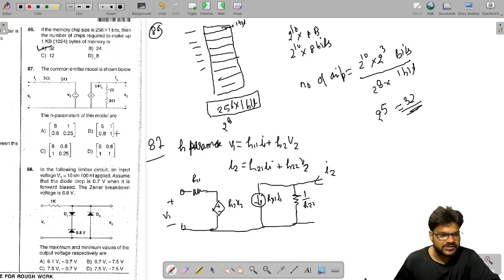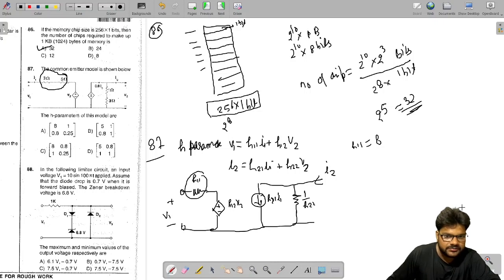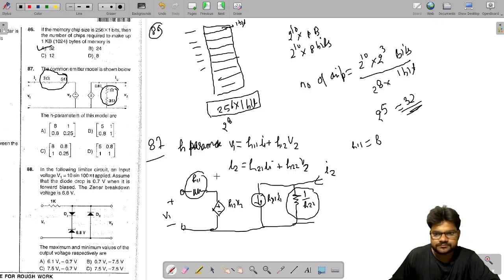Now if you compare this model with this, then H11 is 5 plus 3 equals 8. So by comparing, H11 we got 8. Again, 1 by H22 is 1 plus 3, which is 4.